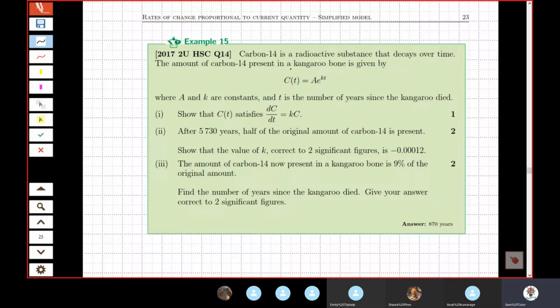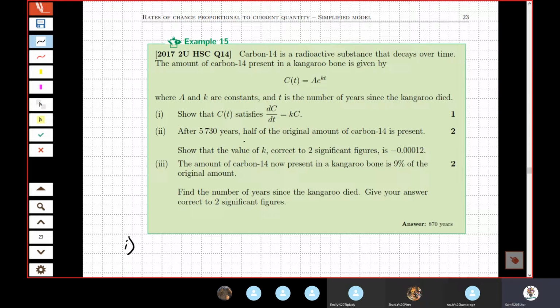The amount of carbon-14 present in a kangaroo bone is given by C(t) = Ae^(kt), which we already know. We know that's the formula. You could have used population, P equals A. They just use C for carbon, I'm guessing. But C(t) = Ae^(kt), where A and k are constants and t is the number of years since the kangaroo died. Show that C(t) satisfies dC/dt = kC.